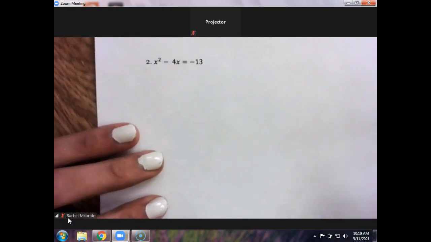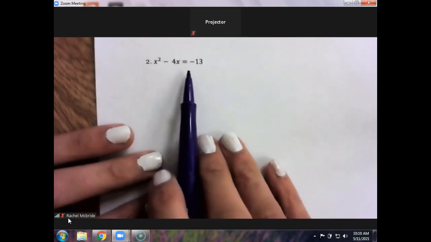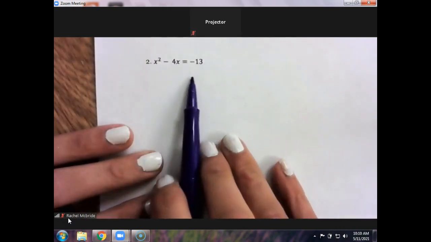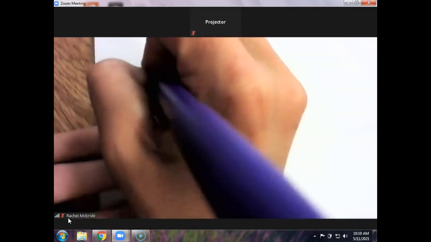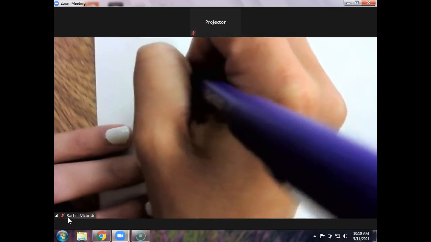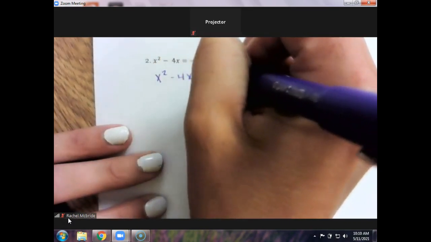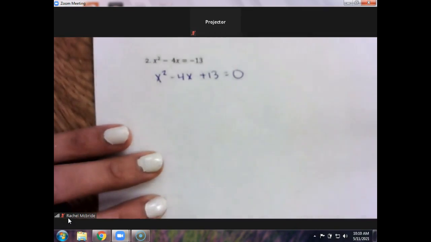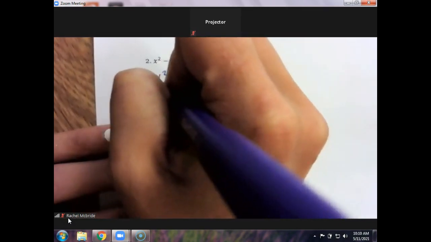Number 2. So the rule is you have to get it set equal to 0, so we're going to add 13 to the other side. Find our discriminant.